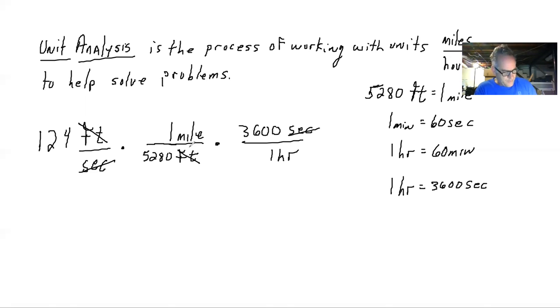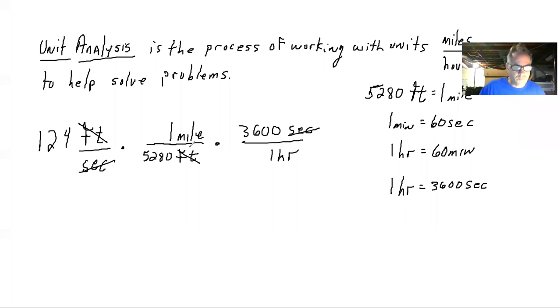And I'm going to right now. 124 times 3,600 divided by 5,280. Oh, whoops. And make sure you hit the right operation. I hit times instead of divide. Times 3,600 divided by 5,280.